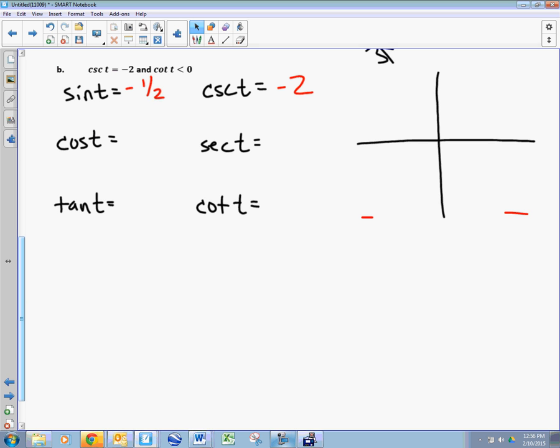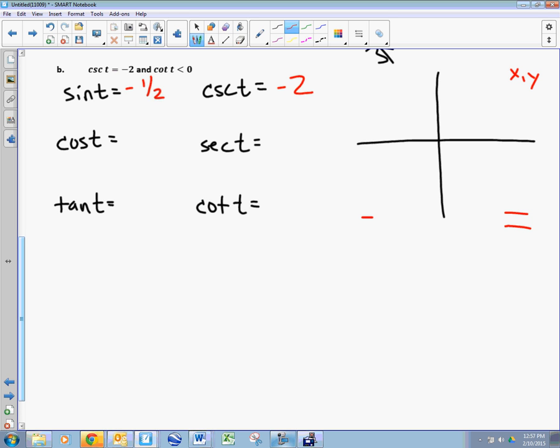What does it mean to be less than 0? You're negative. So cotangent is negative. Well, think about it. Positive divided by positive is positive. Positive divided by negative, negative. Negative divided by negative, positive. Positive divided by negative, negative. So you know you're in the 4th quadrant. You need the x and y values to be different in sign. You see that?